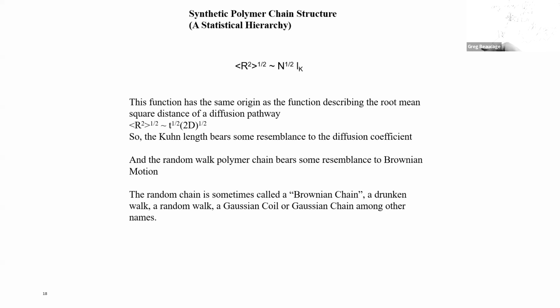So C infinity is a real number. In fact, you can say R squared is N L squared, right? But you know that the total length of the chain, L, is a fixed number. It's N chemist number times L chemist number, or it also has to equal N Kuhn number times L Kuhn, right? Because you can take this chain conceptually and fully straighten it out, and it has a physical length.